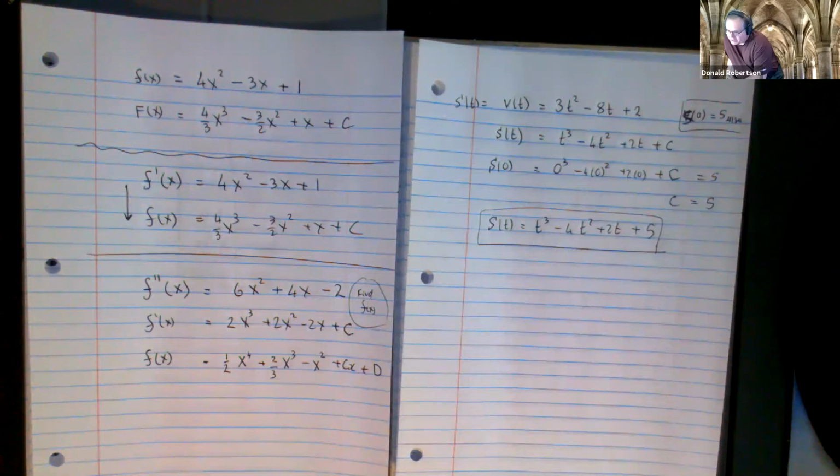Which means you now know where that object is in space. That's kind of amazing that you only know how fast it's going at any given time, and you know where it is at one particular point in time, but that's enough information to find out where it's going to be anywhere.